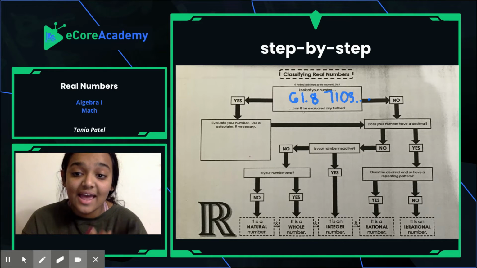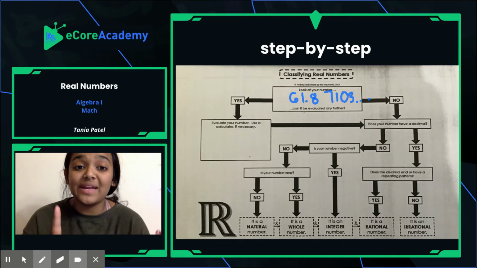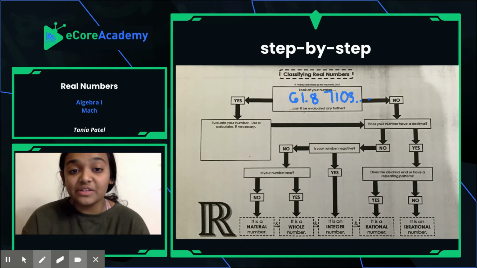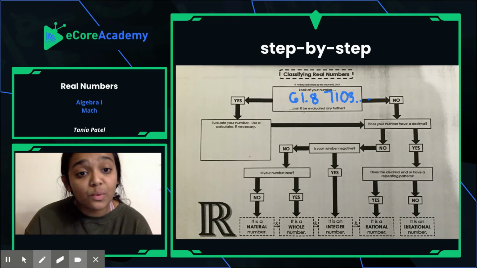The fact that this is non-terminating, it can be both. But if we remember correctly, rational numbers are only non-terminating when there's a repeating pattern after the decimal. 0.87103 and on does not give me or show me any sort of repeating pattern, does not hint towards one.